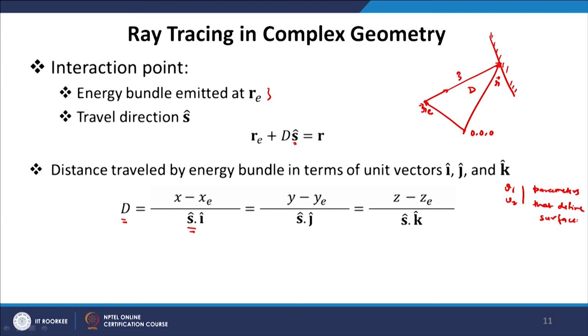We will understand these parameters with the help of an example, but ultimately this is purely vector algebra. So, v1, v2 represent the surface of this geometry, and they are parameters that define this geometry.